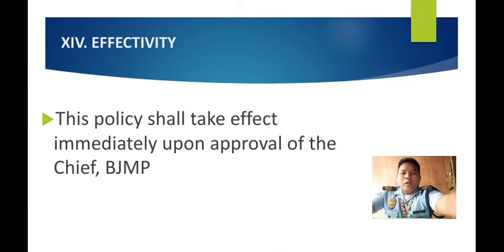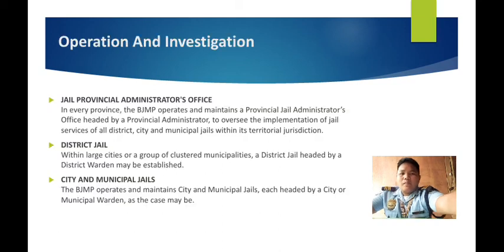So we go on to the operation and investigation of the BJMP. They have here samples of operation and investigation, first the jail provincial administration office, district jail, and city and municipal jails. They have operations to be conducted.